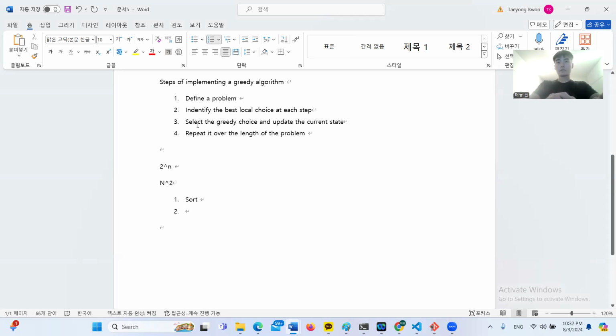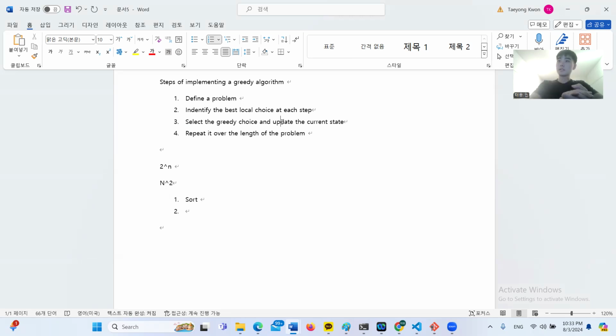And we have to update the current state, right? So we can do that by adding it to the mass, of course. That's simple. And then we repeat it over the length of the problem. That we can do by just iterating through the sorted list.